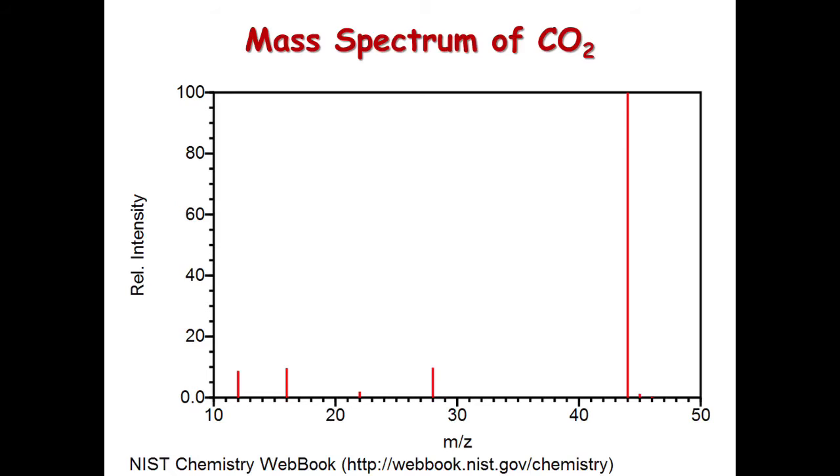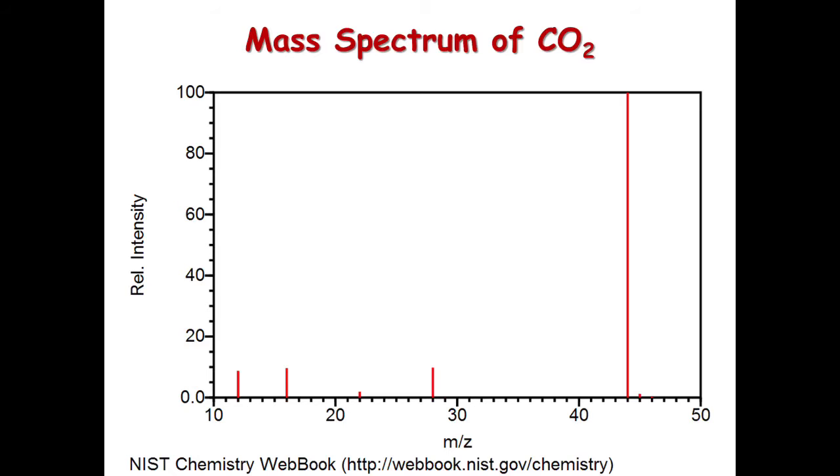So if we look at this sample spectrum that we have here of carbon dioxide, you will see on the y-axis the relative intensity. Along the x-axis is the mass to charge ratio, m over z. So that gives us a ratio, and then we have different heights of these columns.